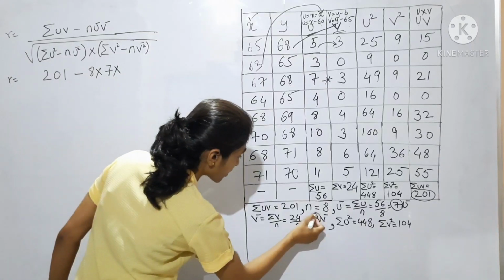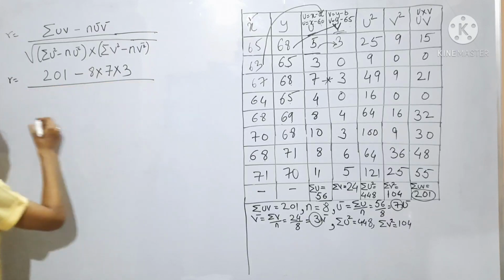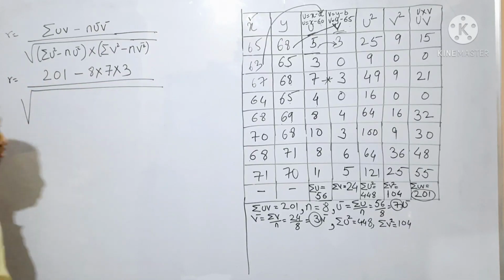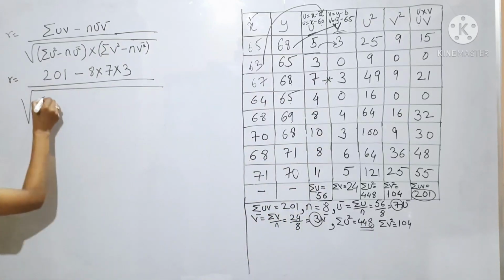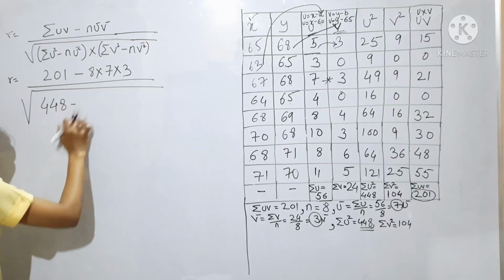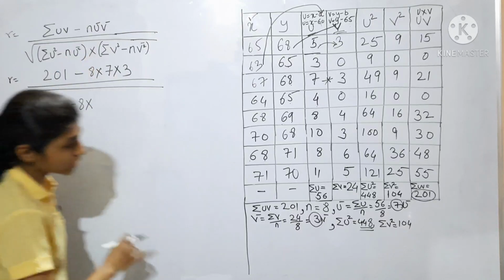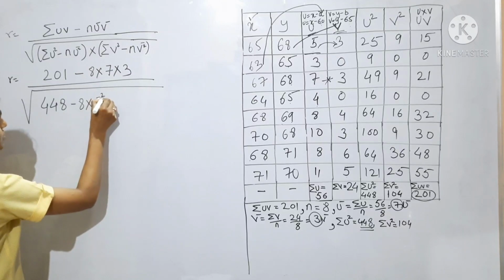V bar we have got as 3. Then summation of u square, which is 448, minus n, which is 8, multiply by u bar square. U bar is 7, and square.